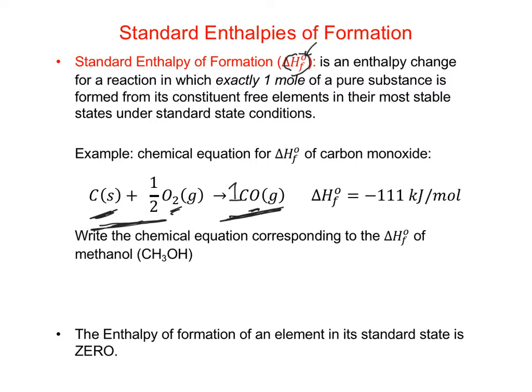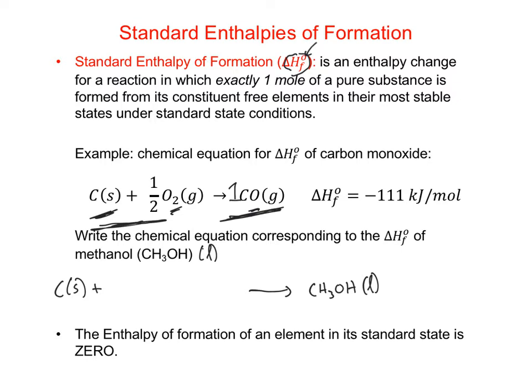So let's do another example. Let's say we wanted to write the chemical equation corresponding to the enthalpy of formation of methanol. And I should have told you I want liquid methanol. So my product is going to be 1 mole of methanol. And so the elements I need, carbon would just be C solid.